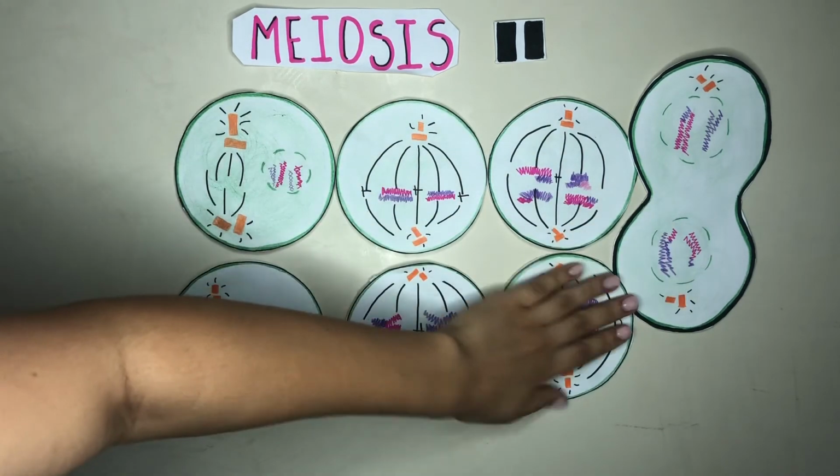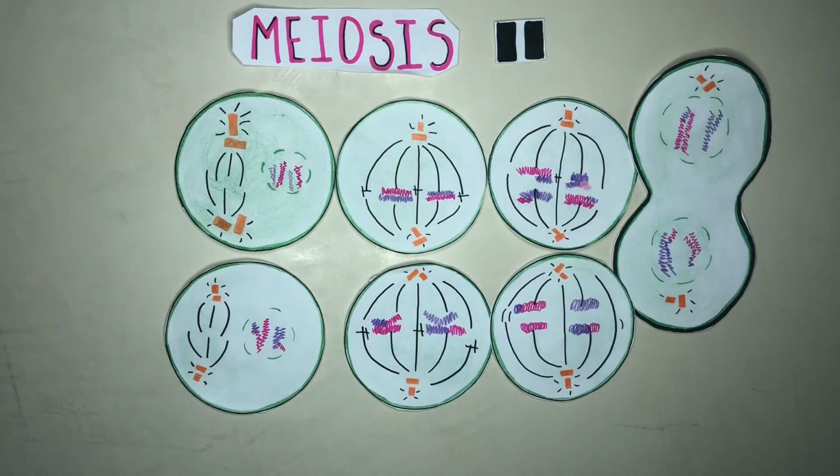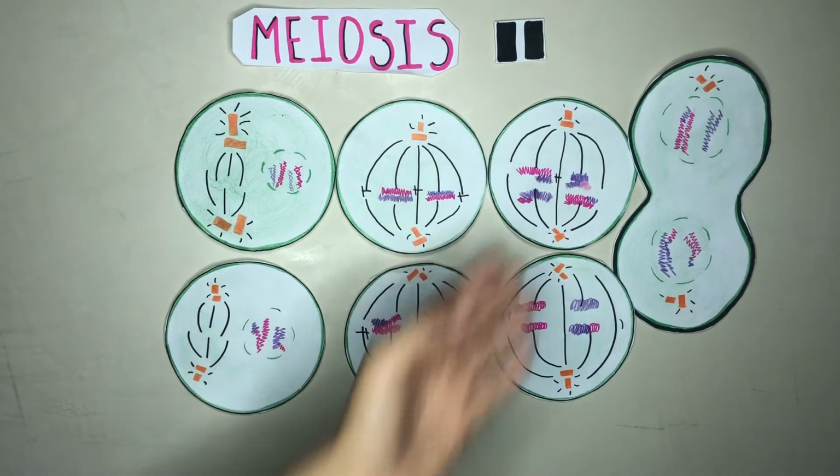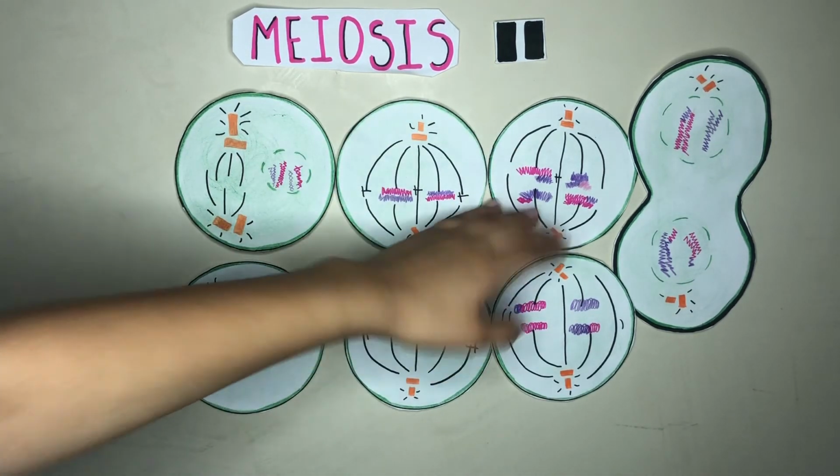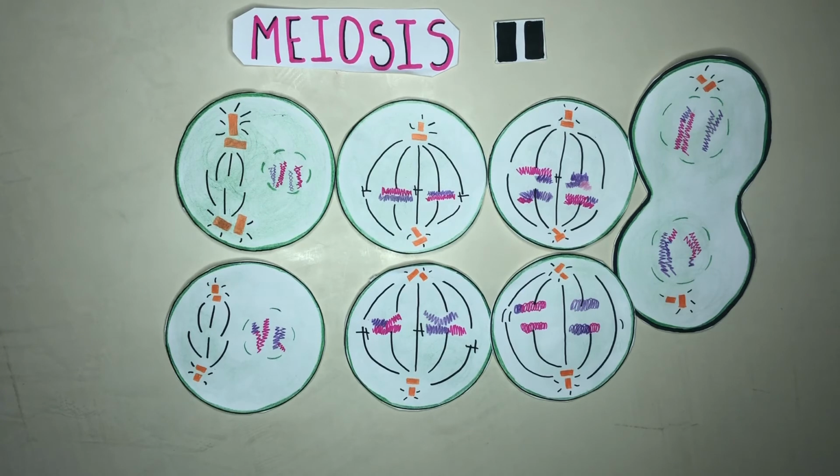In this stage, the sister chromatids that we saw in phase 1 separate to the opposite ends of each cell. They are separated in this phase. And then we have the last one.